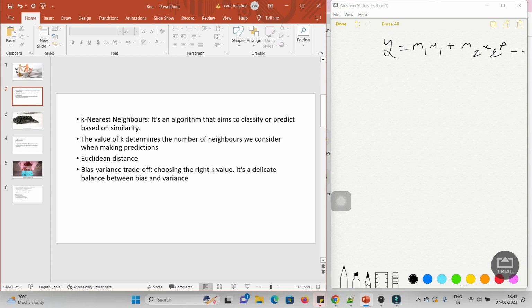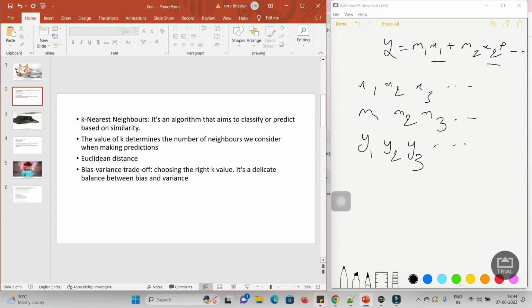We are already aware of this, where x1, x2, x3, and so on are features, and m1, m2, m3, and so on are coefficients, and y1, y2, y3, and so on are our instances.